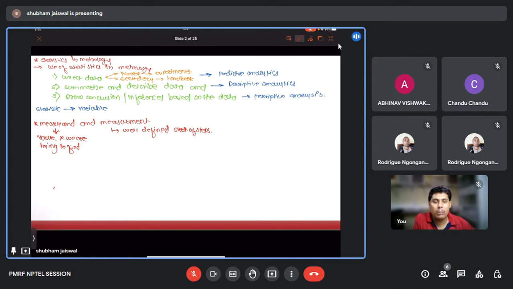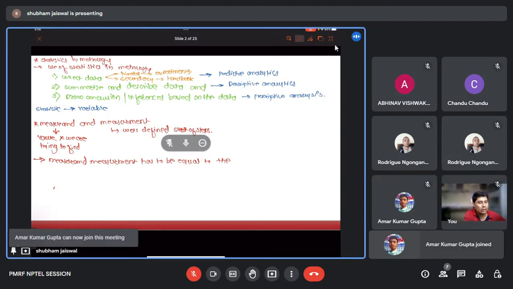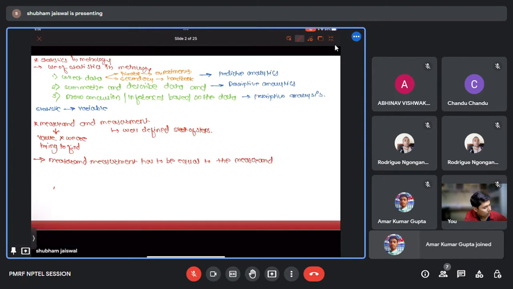Generally, the measurement has to be equal to the measurand, ideally speaking. Okay.